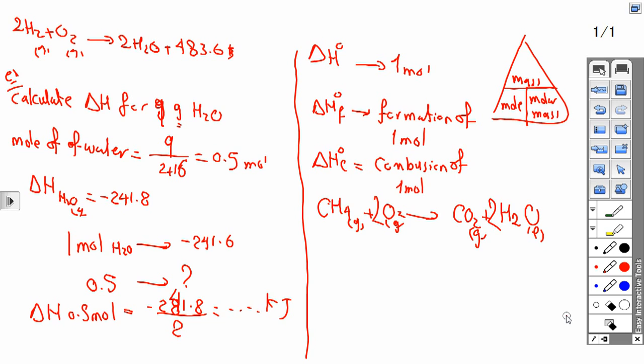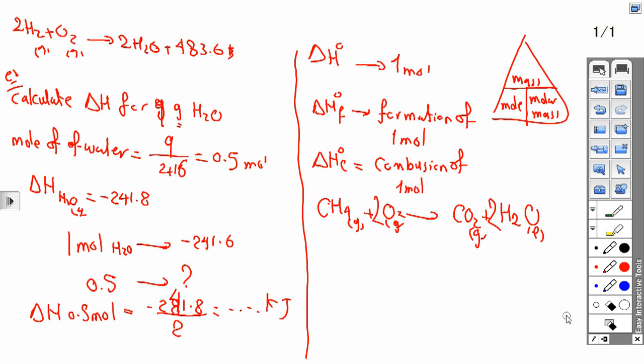Gas and liquid. Okay? So if the question is the combustion of propane, C3H8, the combustion of butane, C4H10, whatever, the combustion of compound that contain carbon or hydrogen always produces carbon dioxide and water vapor, and balance the equation. To balance the equation of the combustion, it is better to start balancing carbon atoms first, then balance the hydrogen atoms, then balance the oxygen.